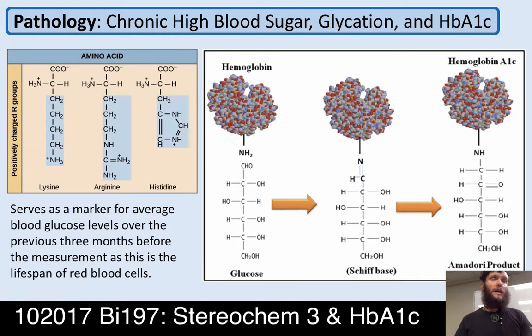Hemoglobin A1c, there's two features to it. Number one, it is a marker for medium-term high blood sugar. If you have elevated levels of A1c, that means you've had chronically elevated levels of glucose in the blood.